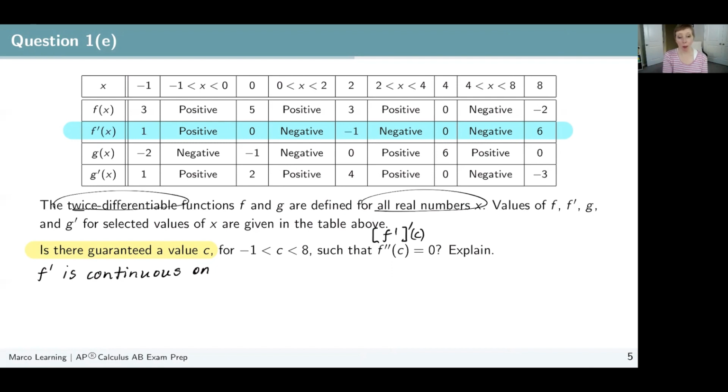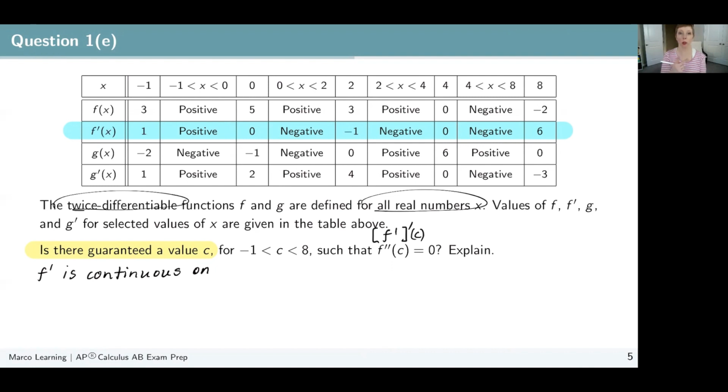So f prime is differentiable for all x, therefore it is differentiable from -1 to 8. And if it's differentiable, that automatically means that it's continuous. We can immediately make that conclusion. If we know that a function is differentiable, then we know that that same function is continuous.